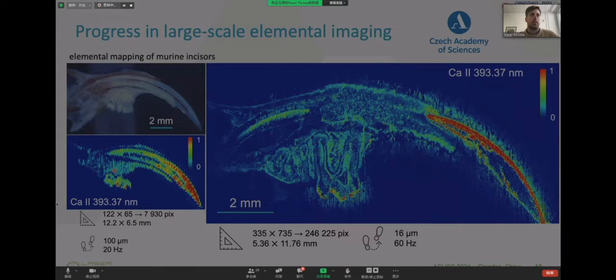And you can see the difference from what we had before: 100 micron resolution at 20 hertz, and now we have moved to 16 micron resolution, the step size, or lateral resolution, between individual spots, and a 60 hertz repetition rate. So you can see that we have significantly increased the amount of data that we can provide by a single analysis.